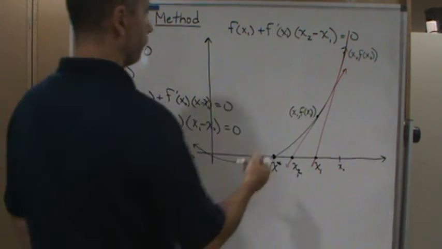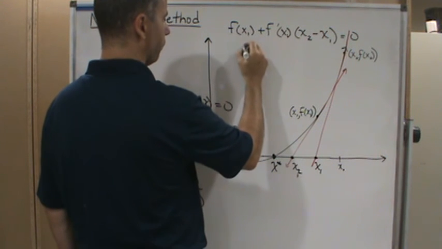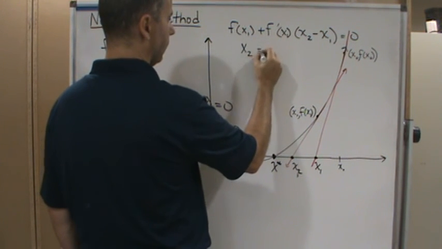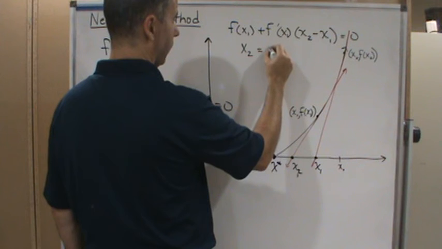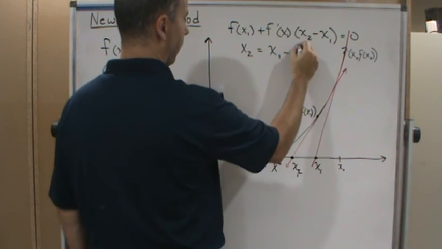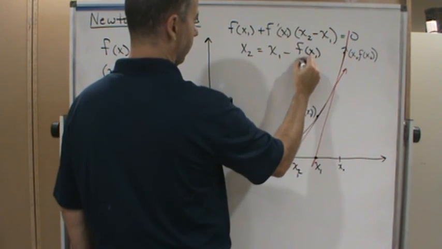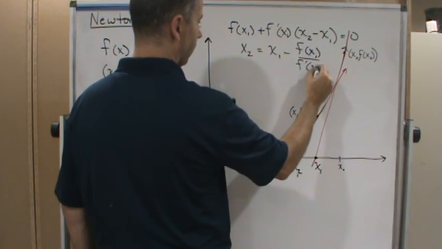And guess what? Now when I solve for x2, I get x2 is equal to x1 minus f of x1 over f prime of x1.